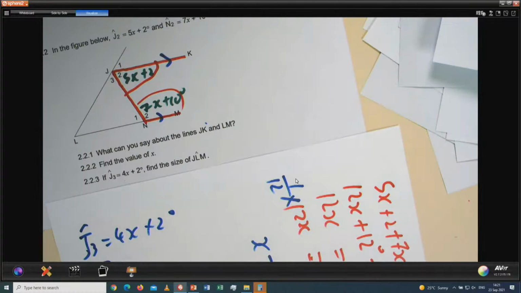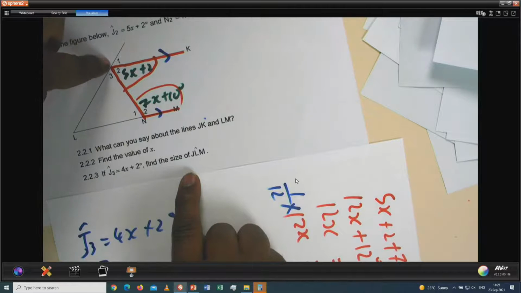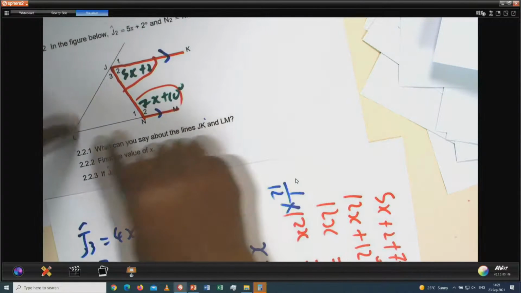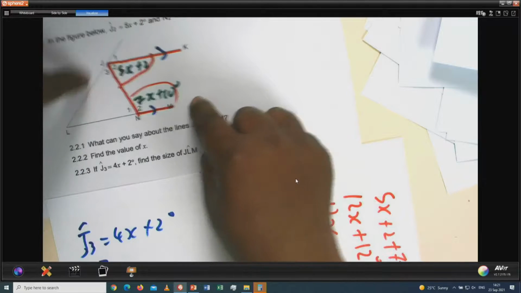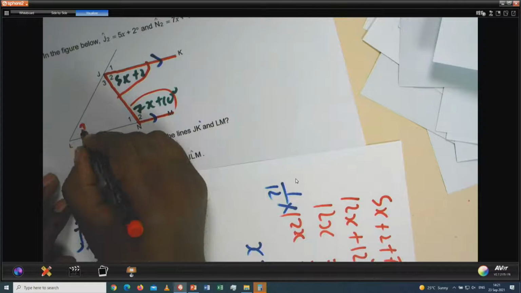Remember what I said with angles? The first finger on the first letter, the last finger on the last letter, where do they meet? They meet here. So they are looking for that angle.